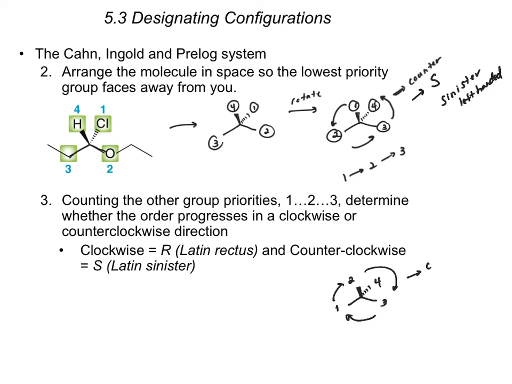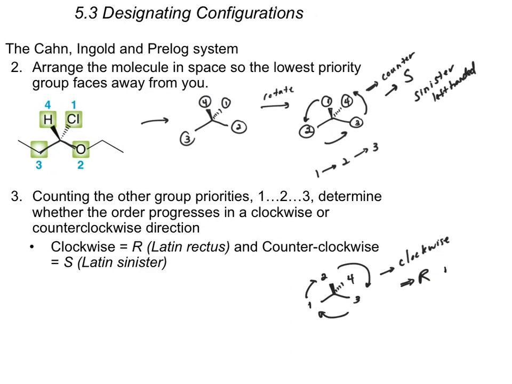Because this is clockwise, we call this R. And R stands for rectus, which again is Latin. And I do have a little point with this. Rectus means right in Latin, but right-handed in Latin is dexter. So sinister is left-handed, and you would think, oh, D for dexter, but it's no big deal.